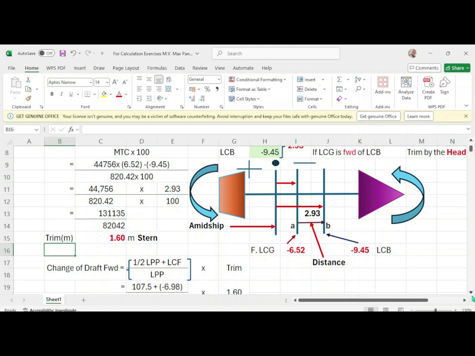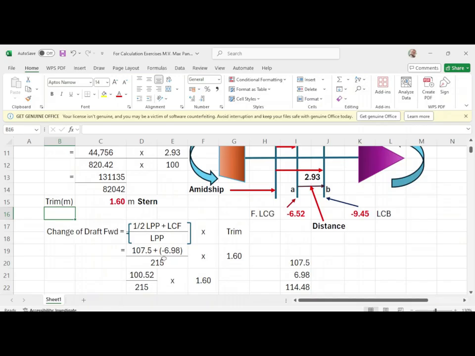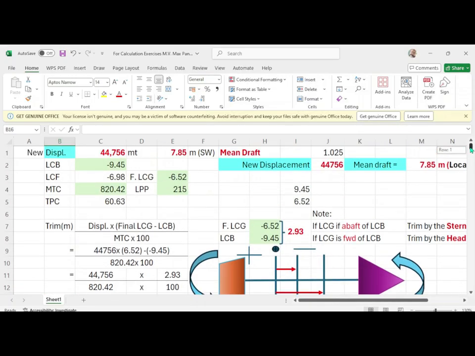You transpose the formula. Since your LPP is 215, what is 1 half of 215 is 107.5. That is 1 half of LPP or 1 half of 215. And your LCF is 6.98, which is negative, which is this one. LCF is negative 6.98. Okay? I hope that's clear.